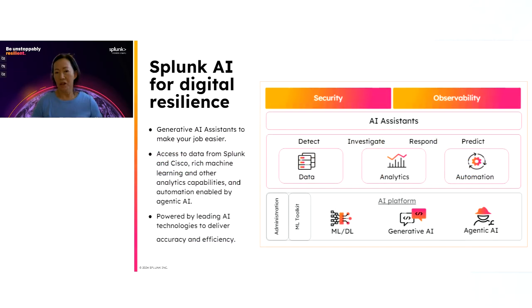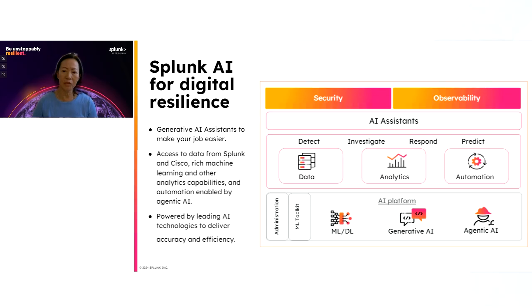So all of this evolution of AI at Splunk lands us here. This is kind of a depiction of Splunk AI in support of security and observability. We're going to build AI assistants that are going to help you make your jobs easier, and support the technical functions of data analytics and automation.